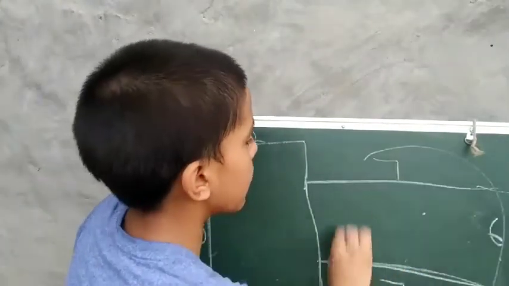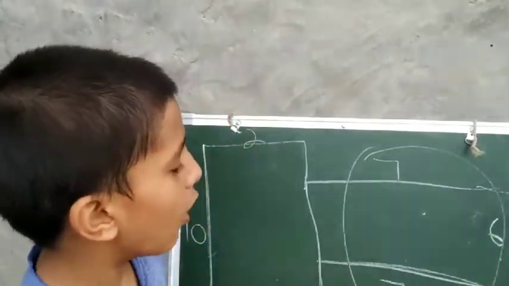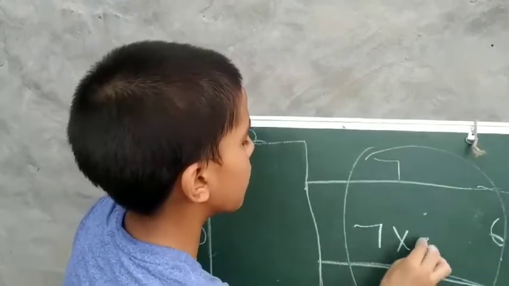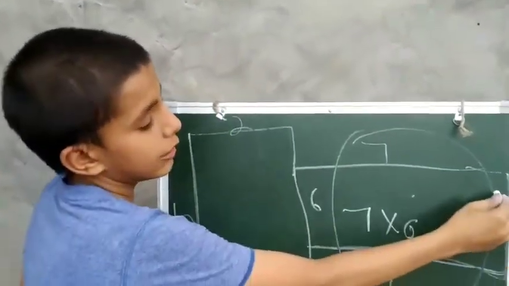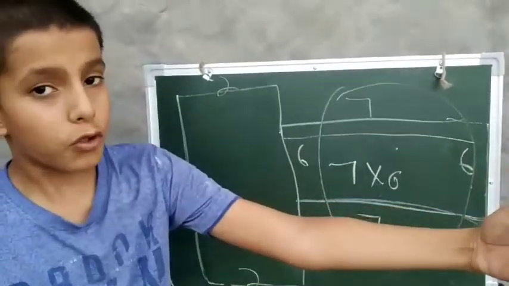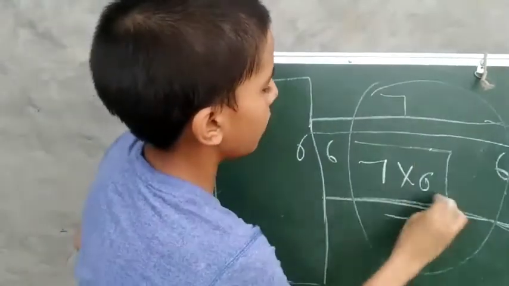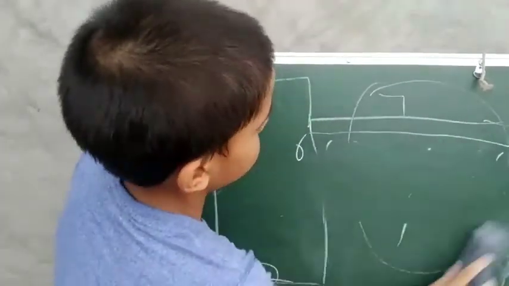What will be the answer? First we'll find out this. To find the area of the rectangle, we will do it like this. It's also 6 because this is 6. The opposite sides face to face are 6 and 7.